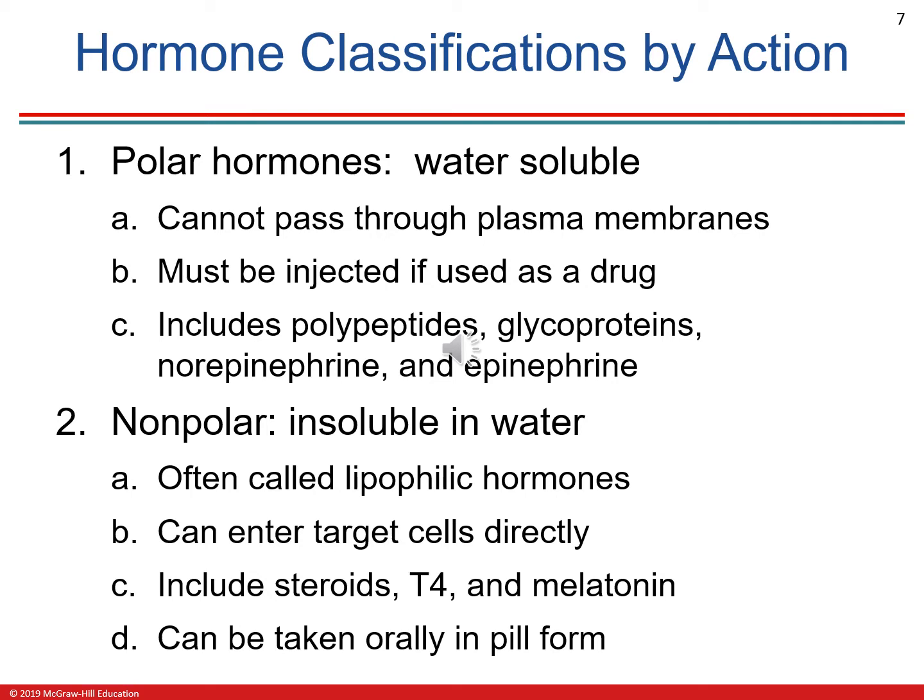Examples of those are obviously the steroid hormones, the sex hormones, the cortisol hormones, but also we can include T4 and melatonin, even though they are amine molecules. They are the exception among the amines. T4 and melatonin also behave like nonpolar hormones.